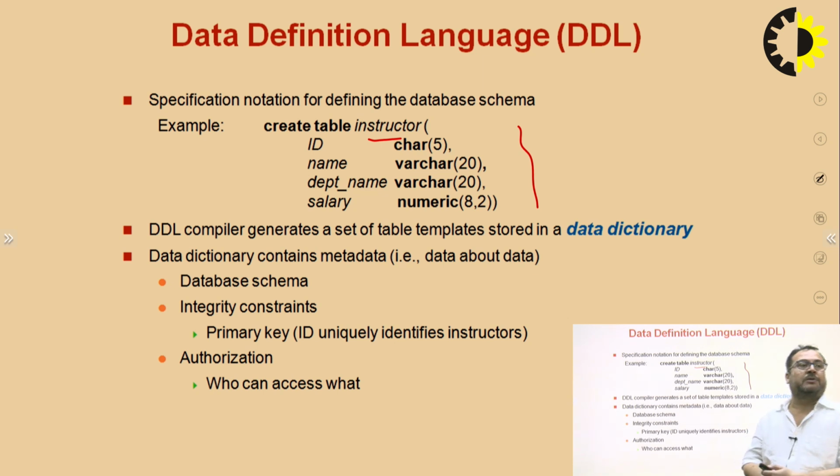So this is DDL, and DML is going to manipulate everything, like select star from instructor. Adding, deleting, all such operations come under DML. Creating the database, creating the table, identifying the attributes, what type of attributes, how many attributes, and updating it, all come under DDL, the data definition language.